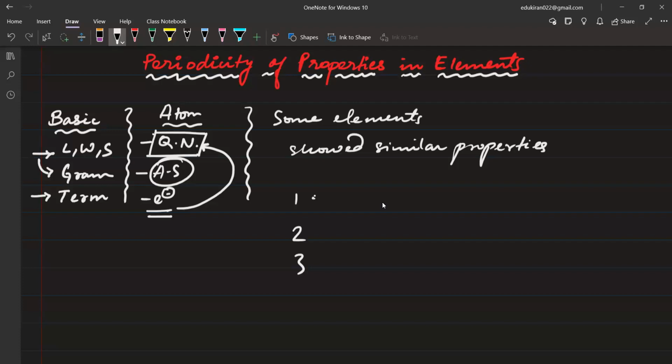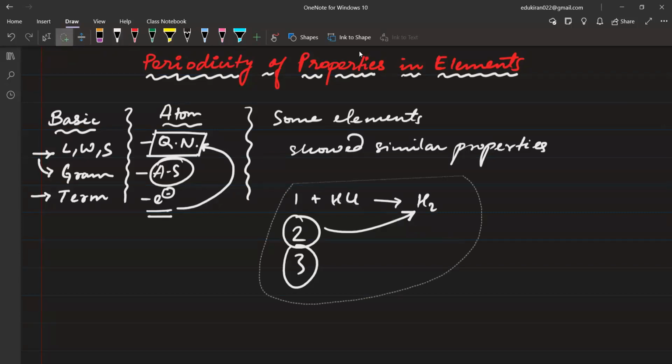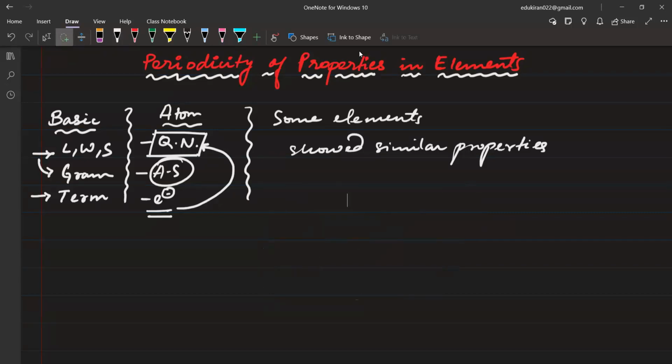When element 1 was reacted with HCl, we got hydrogen gas. Now, if 1, 2, and 3 show similar properties, then we can predict that if I react element 2 with HCl, it is also going to give H2 gas. Element 3 is also going to give H2 gas. So the number of experiments can be a bit less. That is why it was useful to arrange them in a particular order.